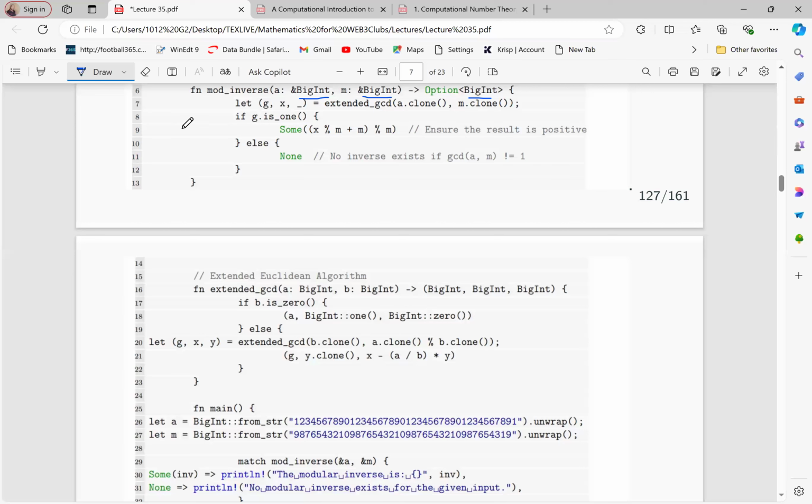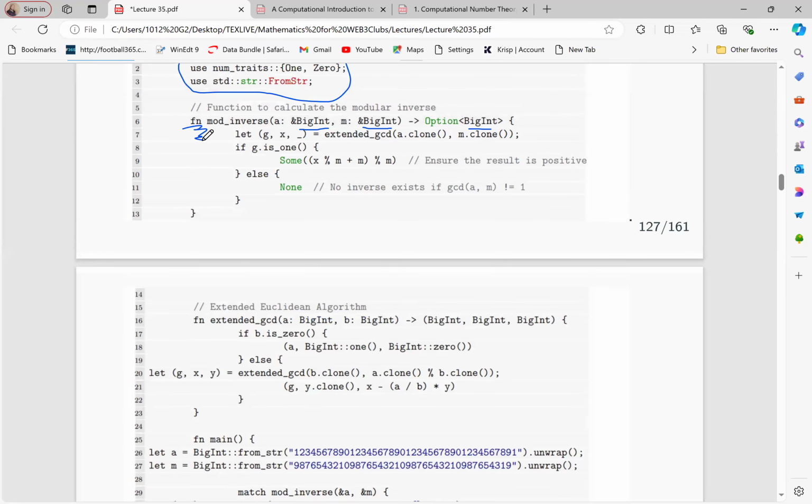Any function can begin. This was the function of the inverse. In the previous one, I had placed it here. And of course, we also said we can even begin with this main function up here. So there's no problem, so long as they know which one follows which. Now, the extended Euclidean algorithm is just the same as the one above.